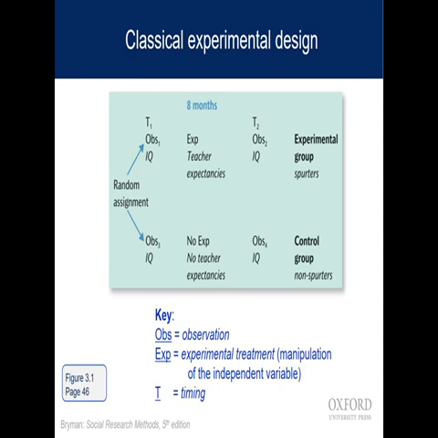So the only thing that they did differently in the experimental group compared to the control group was that the teachers in charge of the experimental group kids were told that these kids they'd been assigned to are really sharp, that they're quick learners. They use this term spurters, I guess, meaning quick learners.